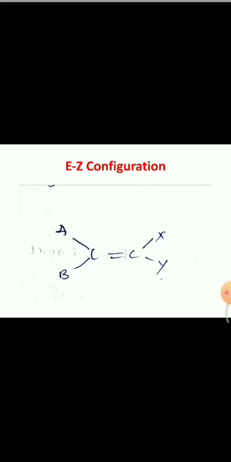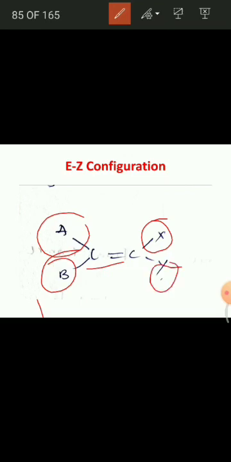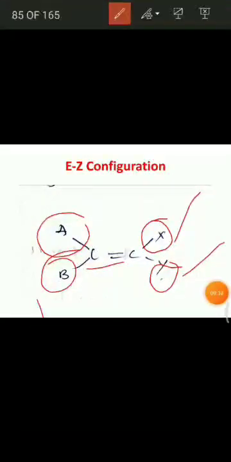For example, see here, to this carbon atom two groups are attached. For this we have to give 1, 2 priority, and on this carbon atom also two groups are there. For these groups also we have to give 1, 2 priority, so that if the same priority groups are on the same side, then it is said to be a Z molecule, and if the same priority groups are on opposite sides, then it is said to be an E molecule.